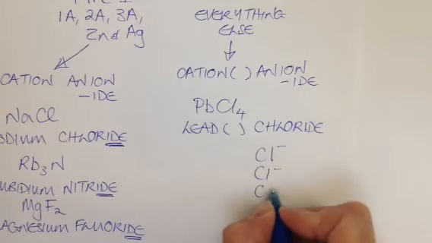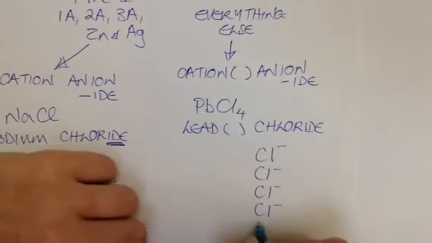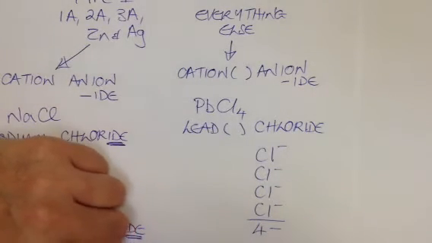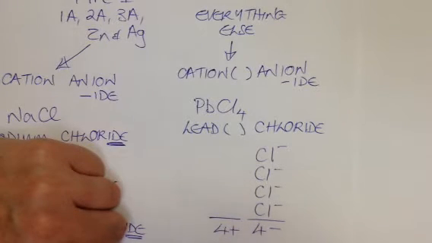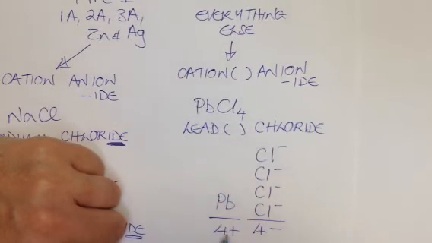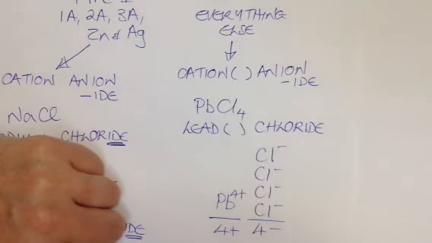Okay, so we've got 4 chlorines. They're all 1-, so our total negative charge is 4-. That means our total positive charge must be 4+, because they have to be equal. We have 1 lead in the formula, so that entire 4+ charge must be on that 1 lead, right?